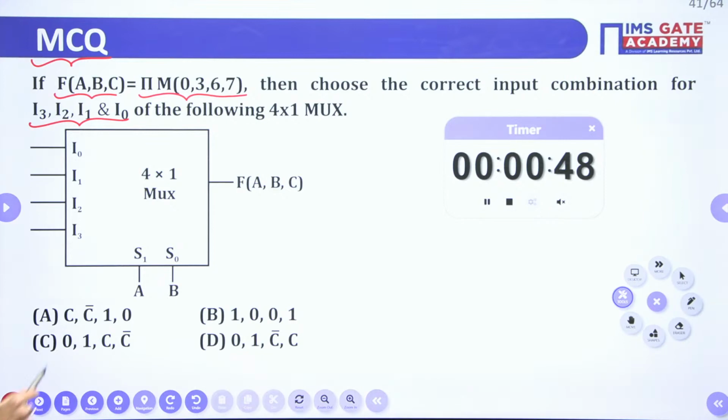Here the choices are like this: C, C bar, 1 0; 1 0 0 1; 0 1, C, C bar; 0 1, C bar, C.